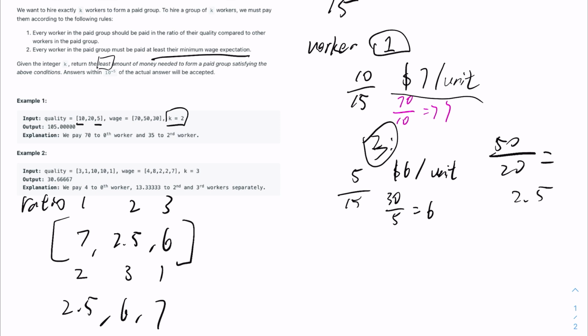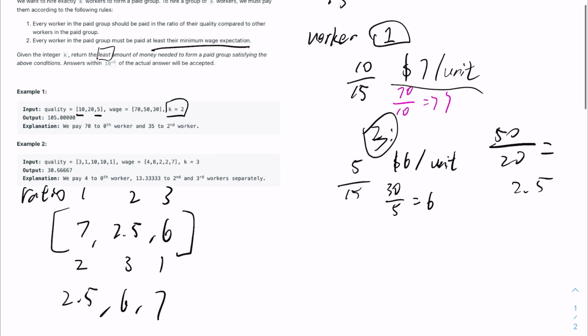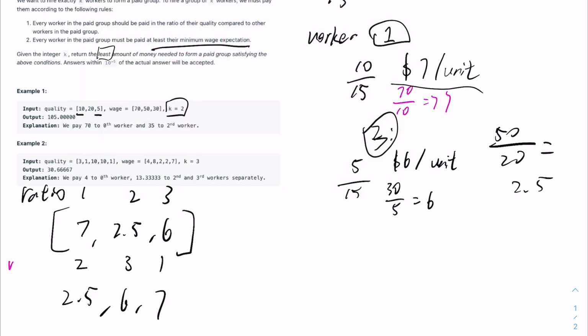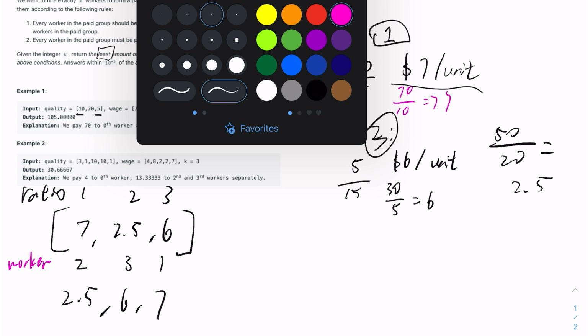And how do we calculate how much money we need to pay for any two particular workers? Let's do some notes here.